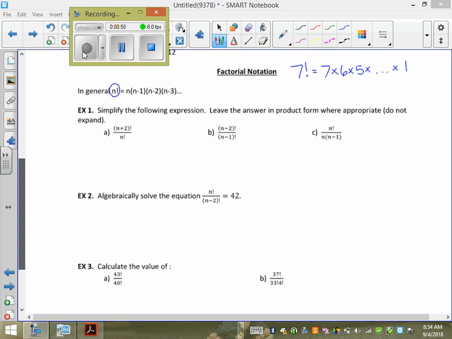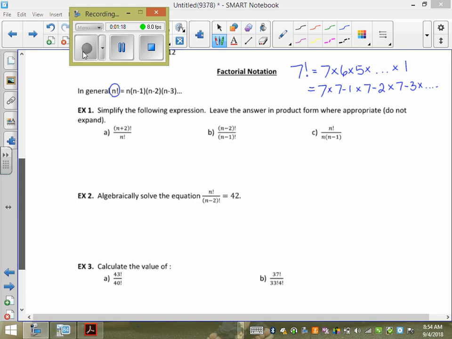So it'd be 7 minus 1. So we could have written this out as 7 times 7 minus 1, times 7 minus 2, times 7 minus 3, times, etc. We agree? Because we're using 7, we would get to 7 minus 6, and then we would be done because we were getting to 1.